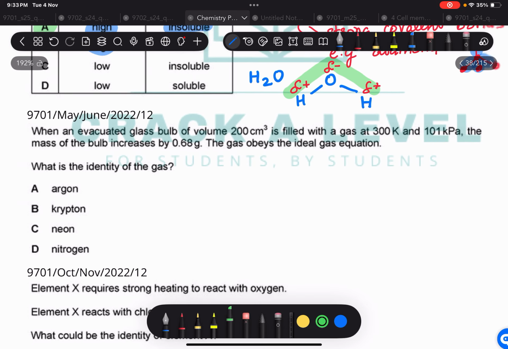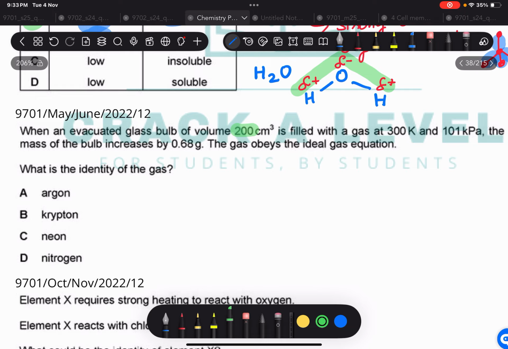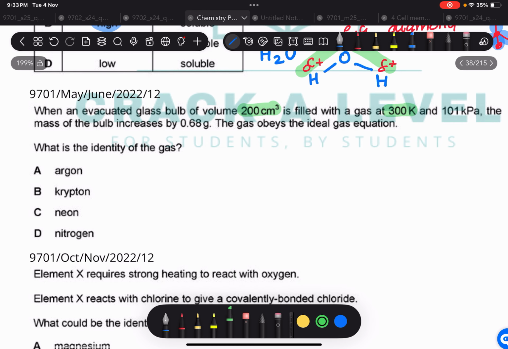Moving on to the next part, which says when an evacuated glass bulb of volume 200 cm cube is filled with a gas at 300 Kelvin, each word is very important, and 101 kilopascals, the mass of the bulb increases by 0.68 grams.